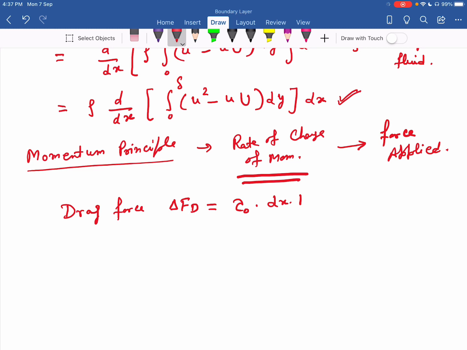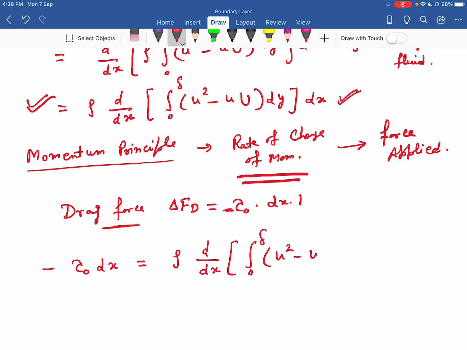With respect to the momentum principle, the direction of this drag force is opposite to the flow. So I can write minus τ0 dx is equal to ρ, the rate of change of momentum, d/dx of ∫ from 0 to δ of (u² minus uU) dy into dx.